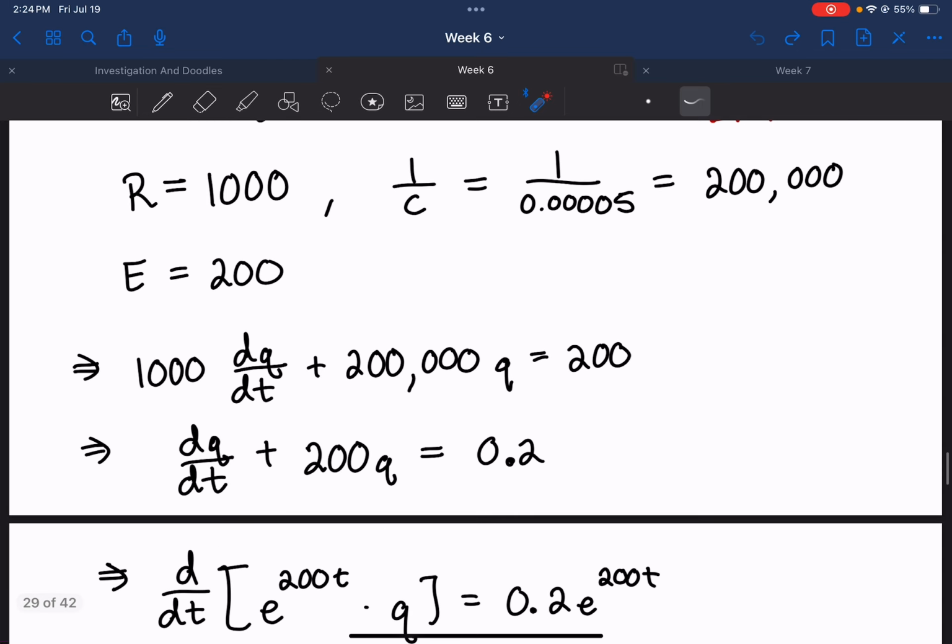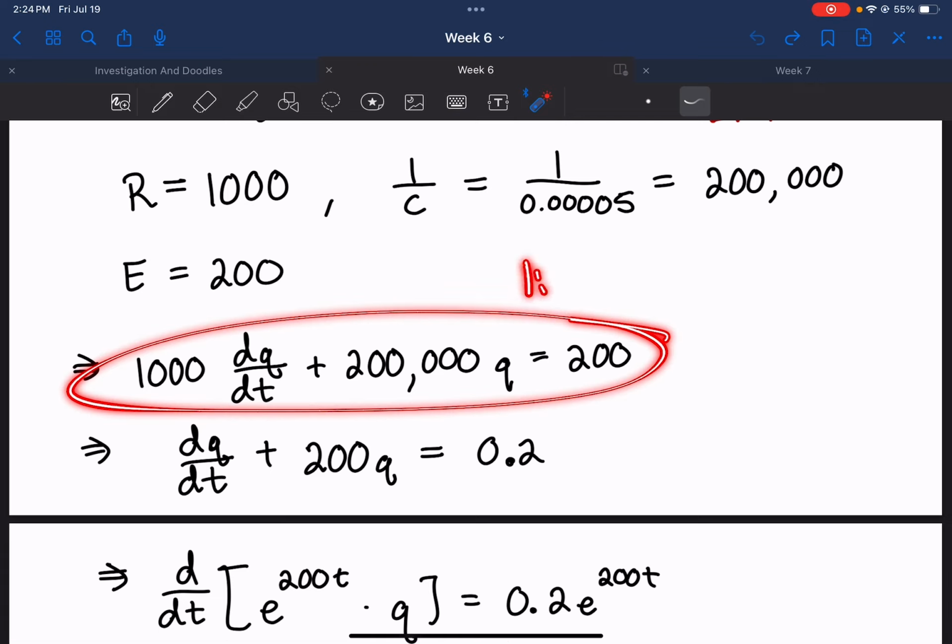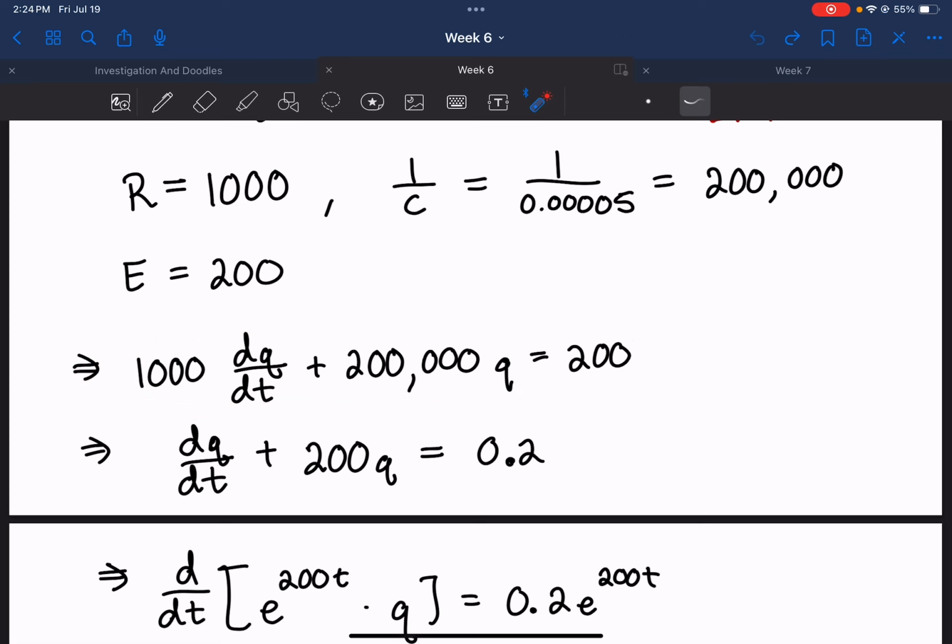Which means 1,000 dq/dt plus 200,000 q equals 200, and this is a setup for a linear differential equation. But in order to find the integrating factor, we need to divide by 1,000 everywhere. So we get dq/dt plus 200q equals 0.2.